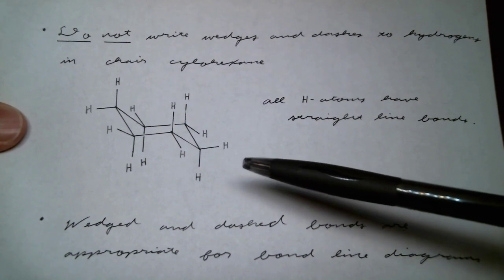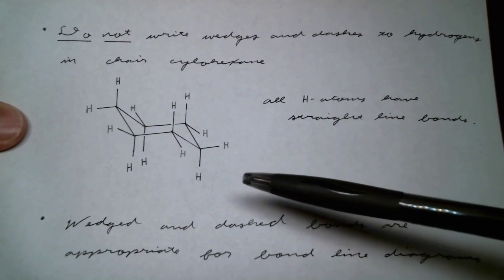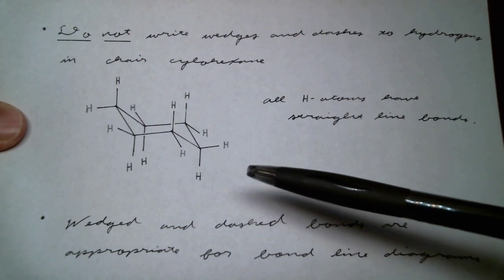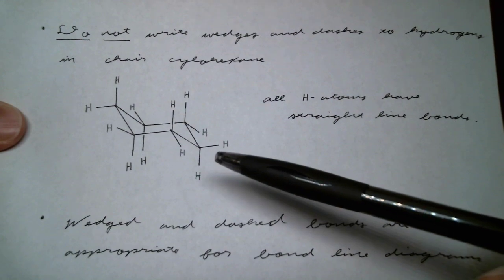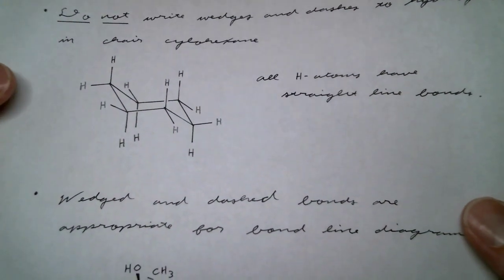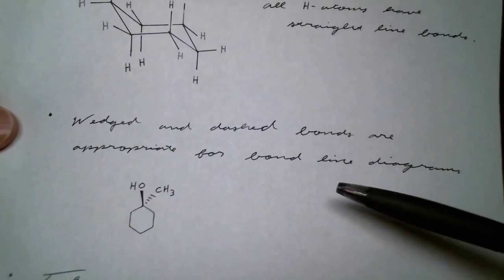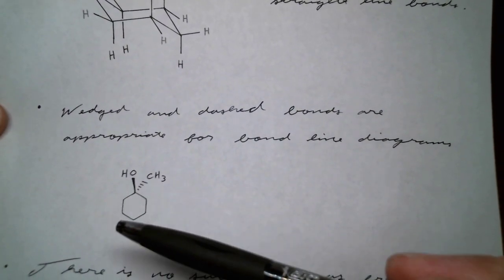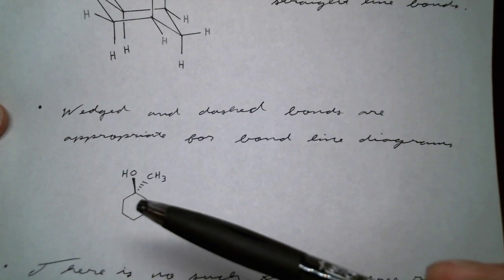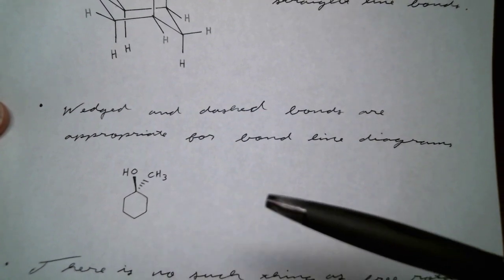For chair cyclohexane, we already know that it's a three-dimensional structure, and to see groups on that cyclohexane ring, we prefer to see straight-line bonds. So wedged and dashed bonds are more appropriate for explicitly bond line diagrams, such as this form of methyl cyclohexanol.